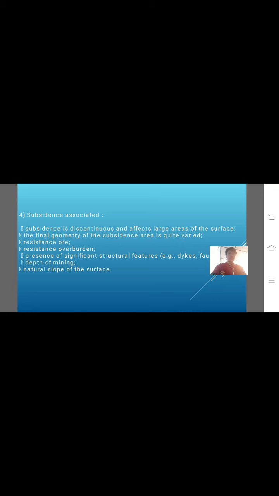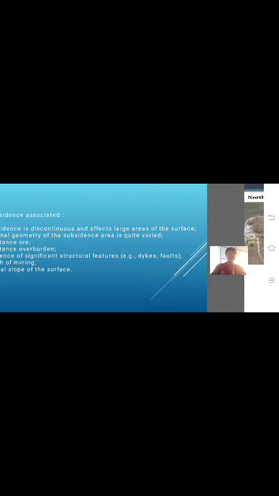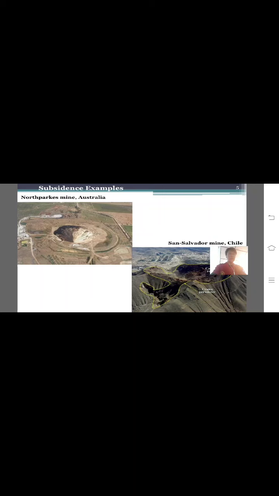It depends upon the depth of the mining and the natural slope of the surface. Here are two examples of how subsidence happens. Subsidence is when the surface roof collapses due to the extraction of ore underneath.